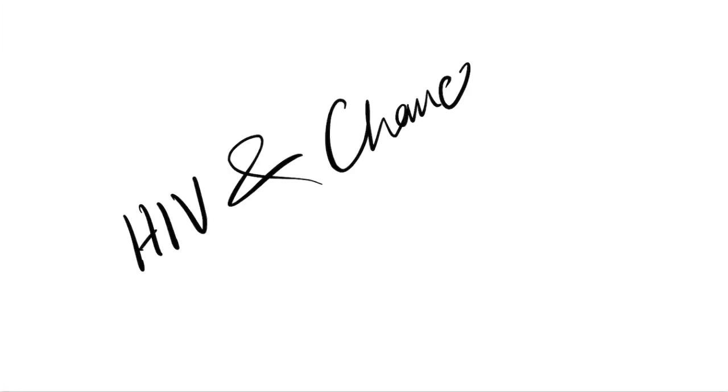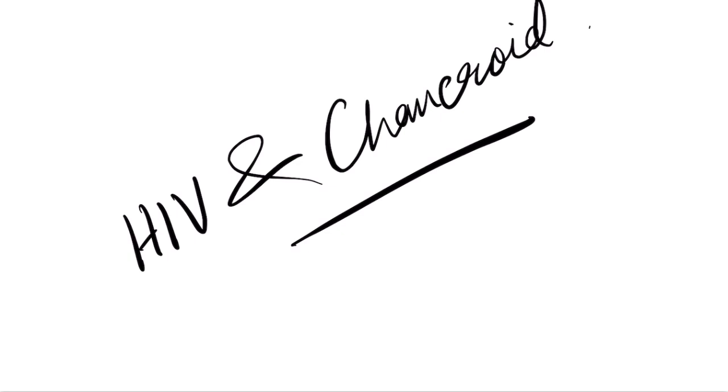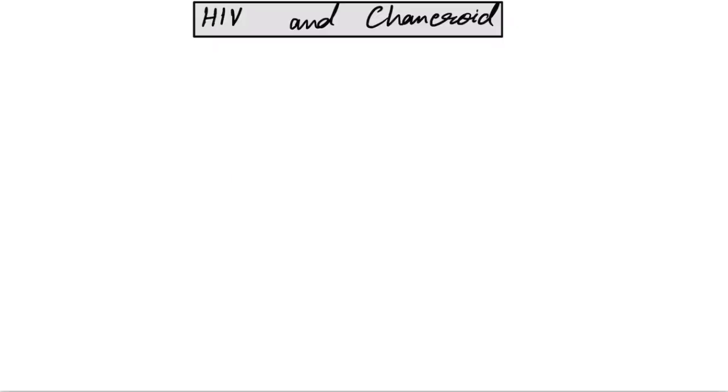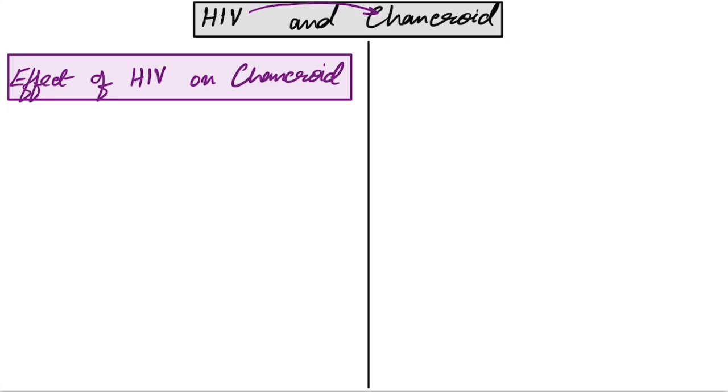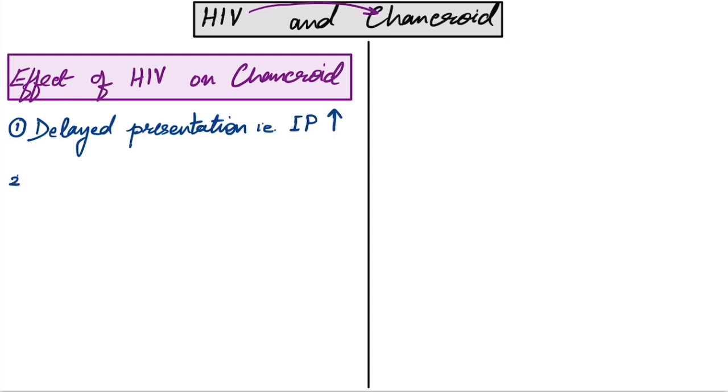Next we'll move on to the topic HIV and Chancroid. Now in HIV and Chancroid there are two aspects. First is the effect of HIV on Chancroid. So when there is immunosuppression of HIV, the Chancroid presents very late. So there is delayed presentation of Chancroid, and that is the incubation period will be increased. Now once the clinical signs and symptoms come, it will be severe.